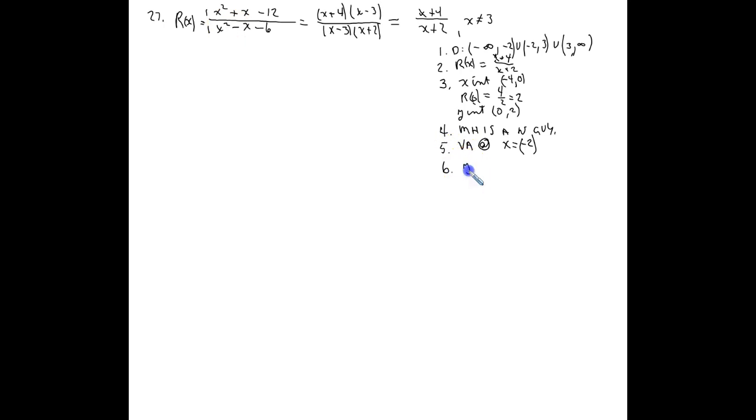So y is equal to 1 is our horizontal asymptote. We would label this HA in our graph at y equal to 1. We could use our chart to do that.